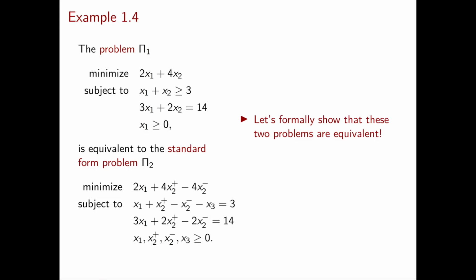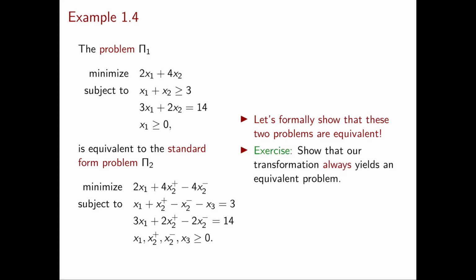And now I want to give you an exercise that proves something much more general. In fact, what you can show is that our transformation always yields an equivalent problem. So if you start from any general form linear programming problem and apply our transformation, then you always obtain an equivalent problem.